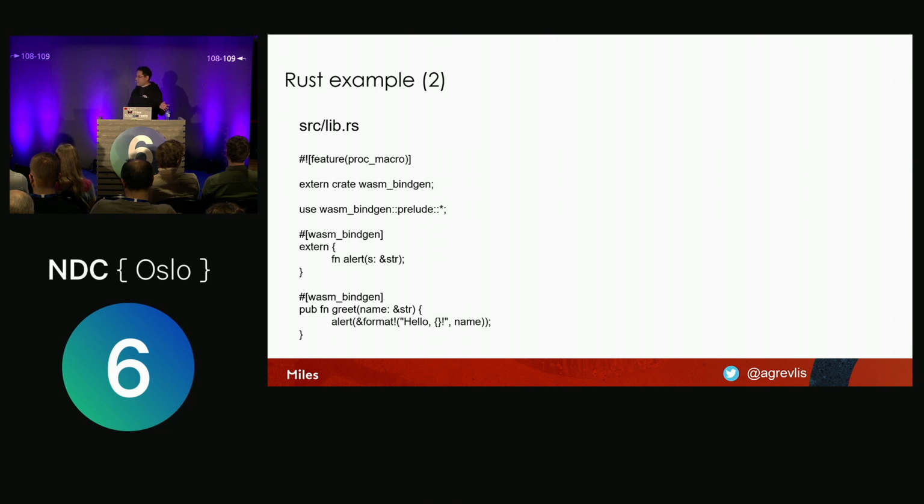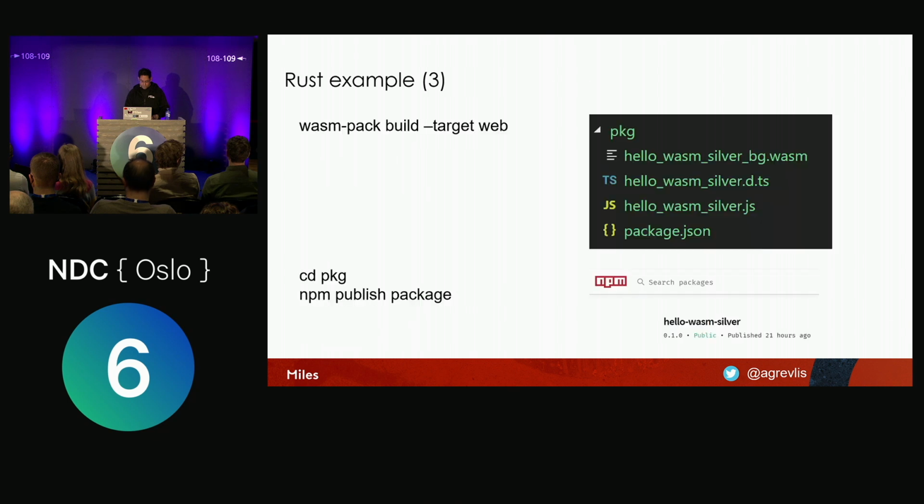It takes a name as an input parameter, and then we can use the alert function, which is again the standard JavaScript alert function. We can format the message and print it out using alert. Then we can use wasm-pack again in order to build a package that we can use to create an npm package.